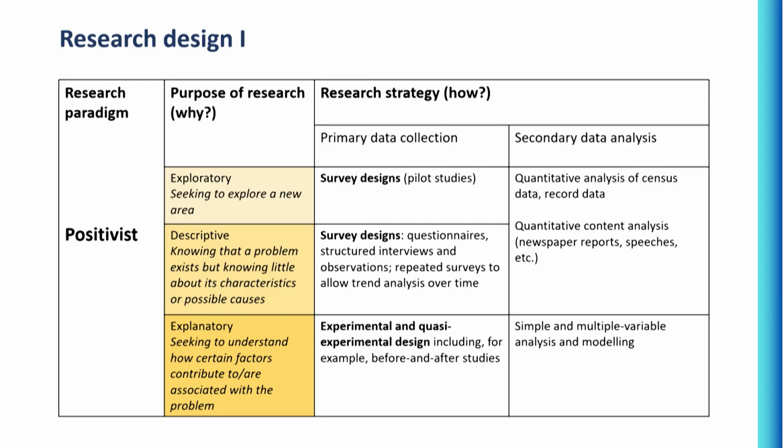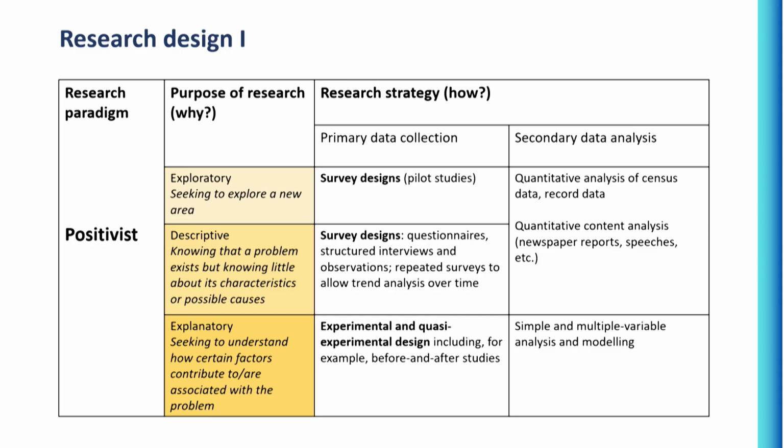So the other kind of design that we're looking at is explanatory. We said experimental and quasi-experimental. And the type of analysis that we're doing there is simple, univariate, or multivariate analysis and modeling. Okay? So that's very typical with any kind of survey data, any kind of quantitative analysis that you're doing.